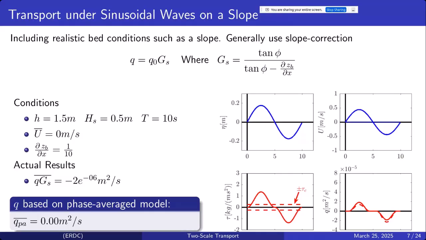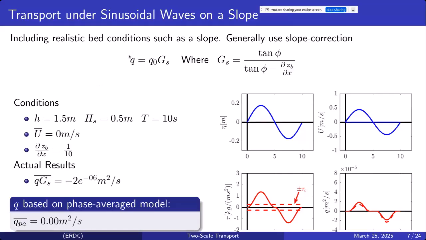rationalization for the additional complexity that you have in this multi-scale model is that realistic bed conditions are often on a slope, right? I was talking about cross-shore transport here, and it's typical to use a slope correction term, and this comes out of river flow.